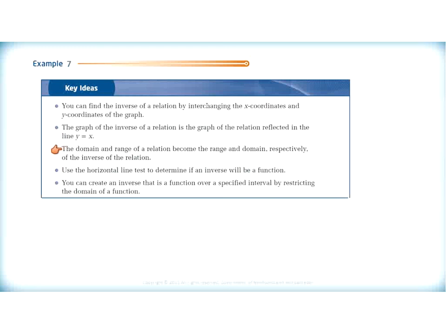The domain and range of a relation become the range and domain, respectively, of the inverse. We use the horizontal line test to determine if an inverse will be a function. And you can create an inverse that is a function over a specified interval by restricting the domain of the function. We're actually going to do this more in the next lesson. Okay, that ends this lesson.